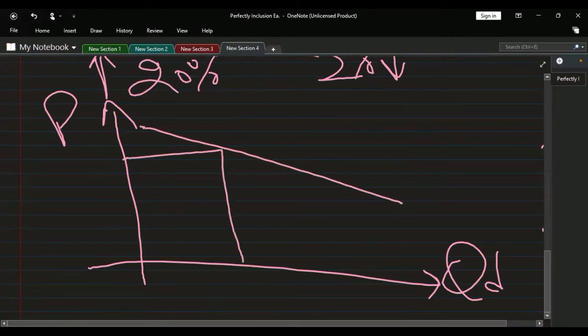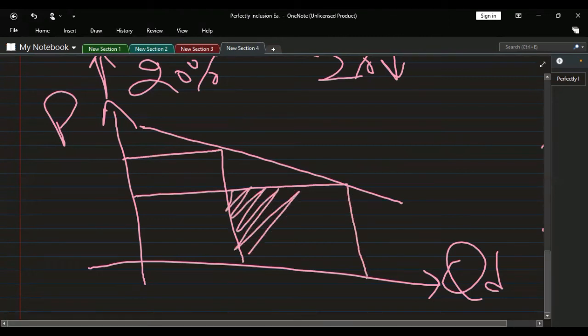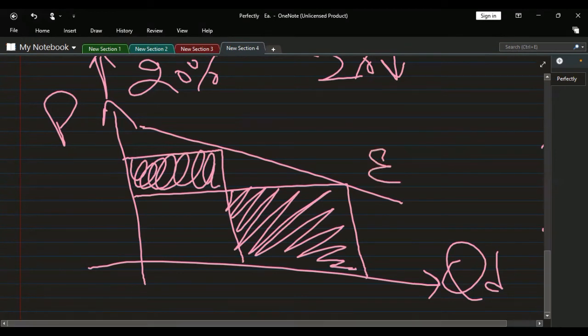Here you can see that there is a higher change in the quantity as compared to the change in price section. Therefore, it is called elasticity of demand is greater than 1.